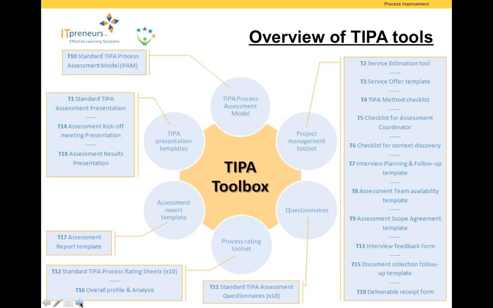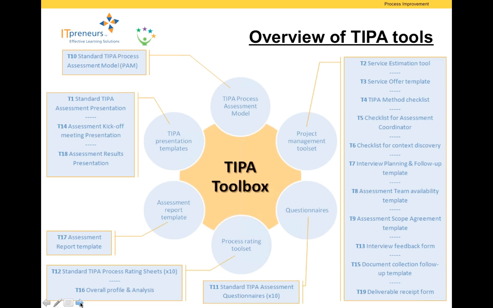If we start on the top side here, the TIPA process assessment model. I mentioned on the previous slide the process definition. But these process definitions are all included in what we call a process assessment model, the PAM, that is built within TIPA.